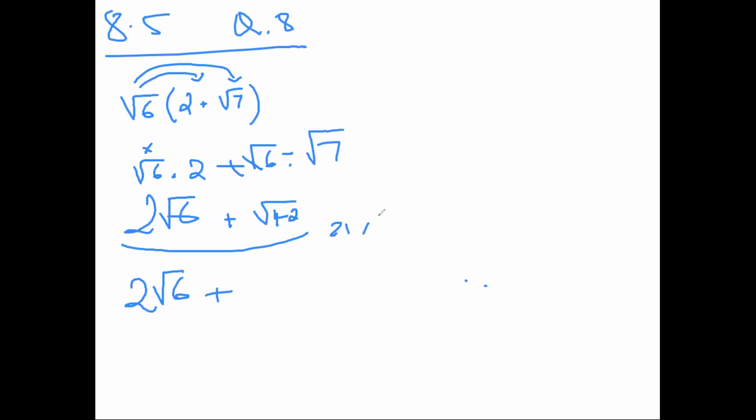What else? 6 and 7. Anything else multiplies to 42? 1 and 42. What about 14 and 3? So basically, we can't simplify this, right? None of them has a perfect square factor.